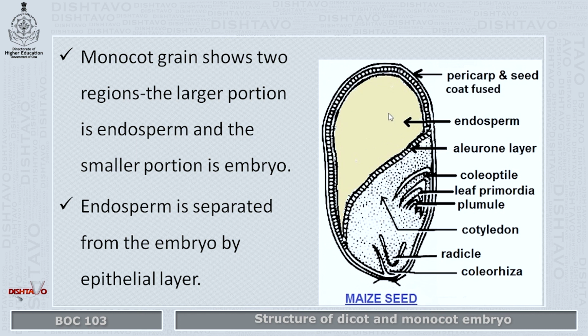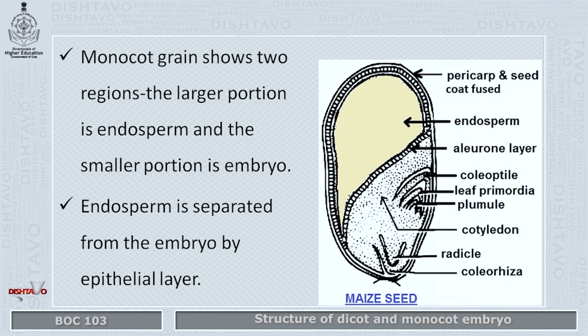The nutrition from the endosperm is broken down and passed on to the single cotyledon. From there, it is passed on to the growing embryo for its development.